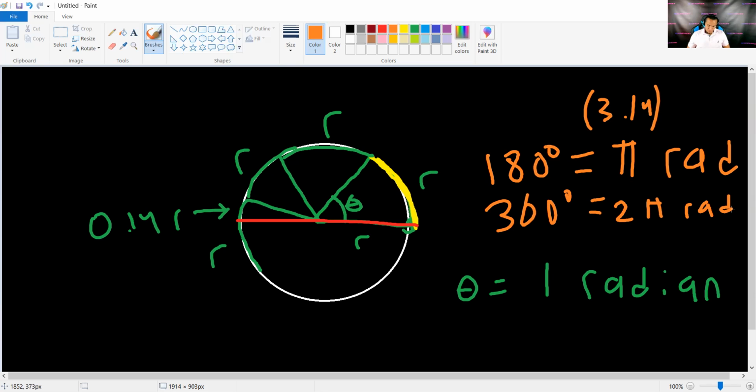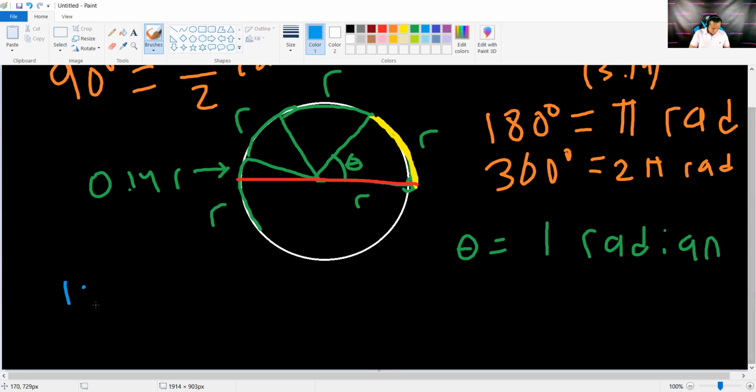And if I wanted to do something like 90 degrees, well, I know that 90 is half of 180, so I would get pi over 2 radians. And this is how it looks in the blue on the lower corner.